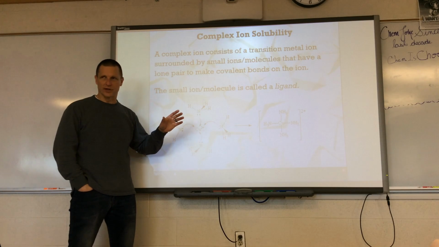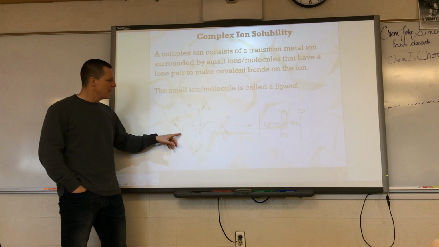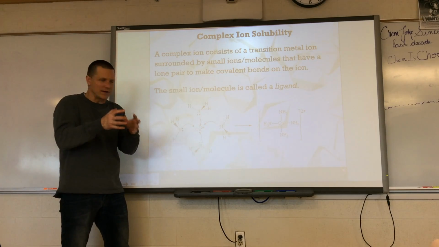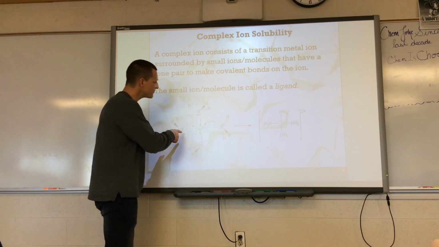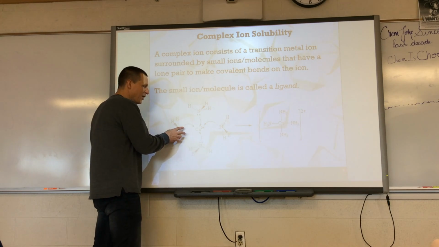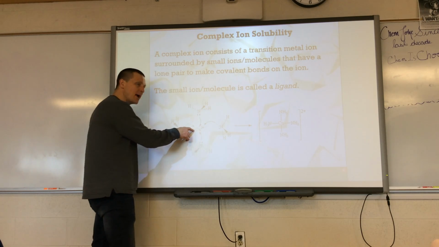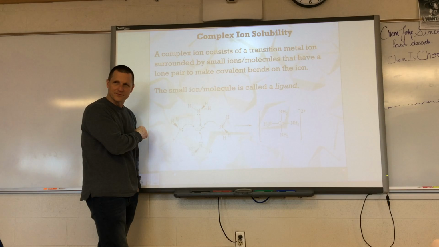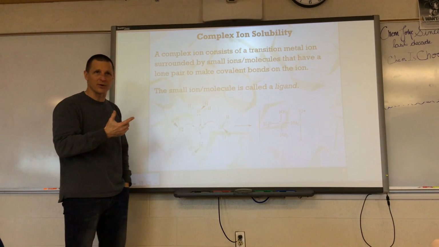Ammonia is NH3. So N in ammonia has a lone pair on it. That lone pair is a little negative cloud on the molecule, and that negative cloud is attracted to the positive 2 copper. So that lone pair goes in, and it actually winds up occupying the empty orbital on the copper ion. That can happen with 4 ammonia molecules on the same copper ion.